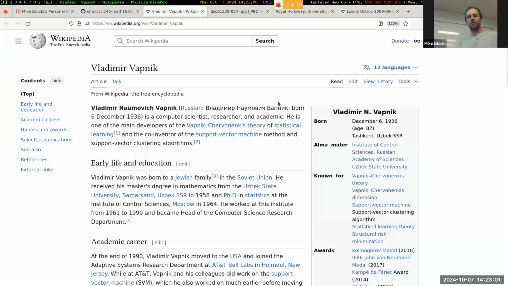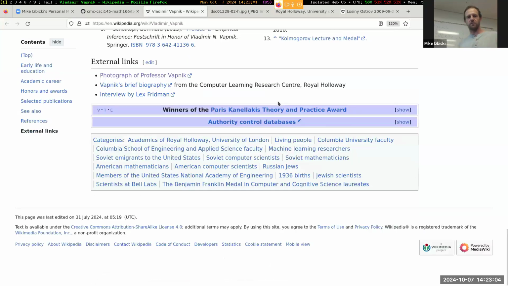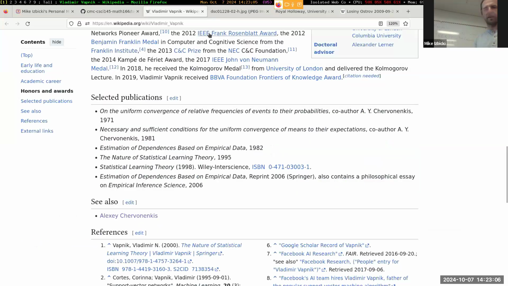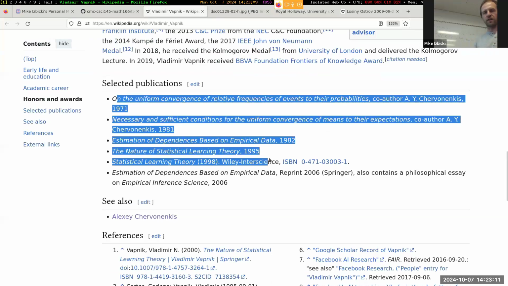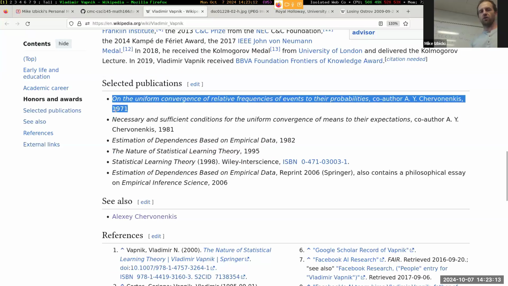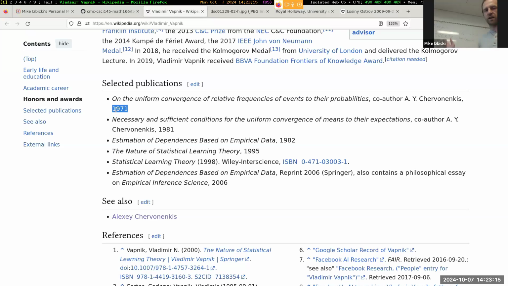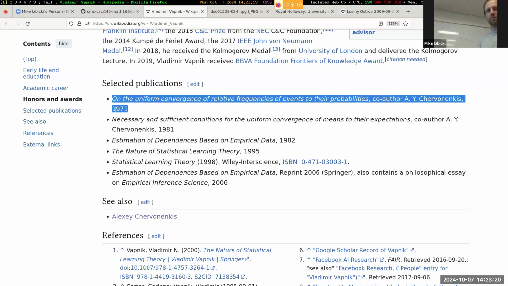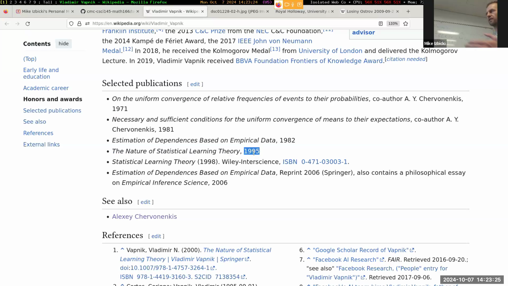This whole theory of VC dimension. Right now I'm looking at the Vladimir Vapnik wiki page. It was invented in this series of articles right here, the very earliest stuff from the early 1970s, which is too old and out of date to be relevant to what we're talking about. The closest to what we're talking about is from 1995, in this book, The Nature of Statistical Learning. So it's only 30 years old.